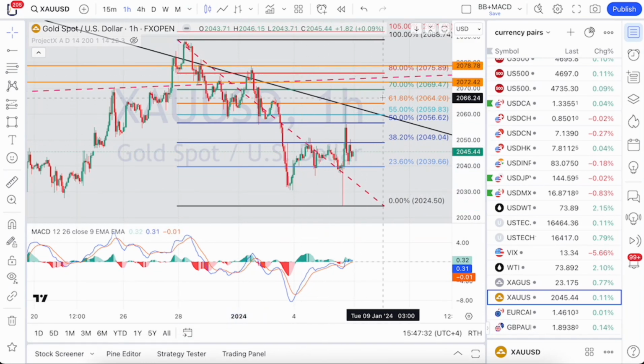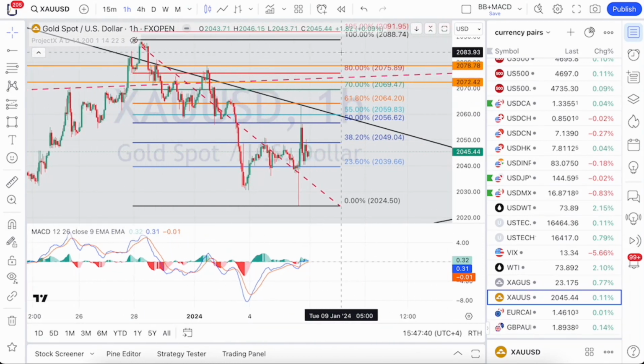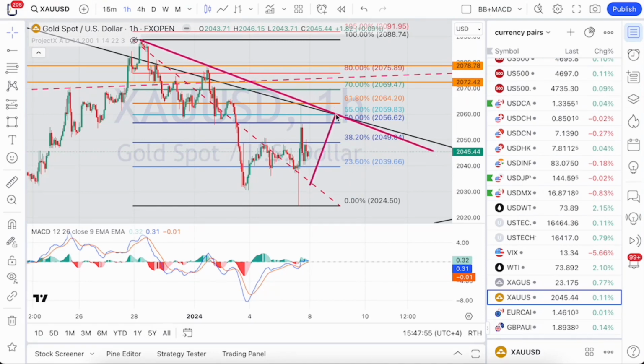And interestingly, the 61.8 to 80% mark is coming again in this zone, the highlighted zone. So we can expect in the short term that gold can reach 2069 to 2075 or maybe 2065. So this is a short term bullish target, and then we can expect some more correction to the downside.